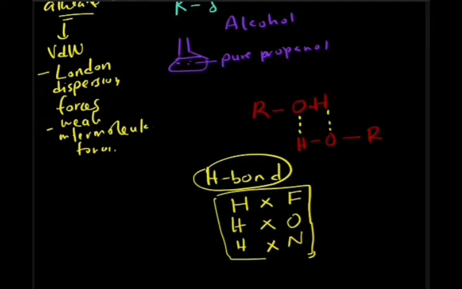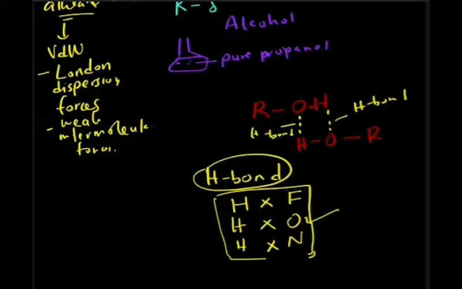One alcohol has one hydroxyl, OH. Both of them are identical and they can form hydrogen bonds between them, between oxygen and hydrogen. So we have a hydrogen bond here, and then we have a hydrogen bond here.